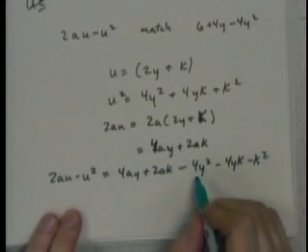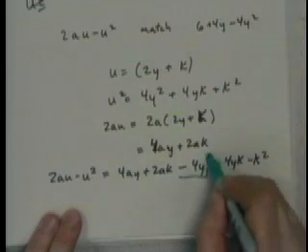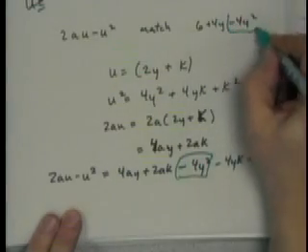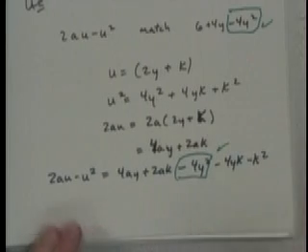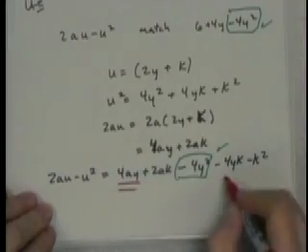So for this to match, we have the minus 4y squared part. Those match, which means the y parts also have to match. We'll start with that next.